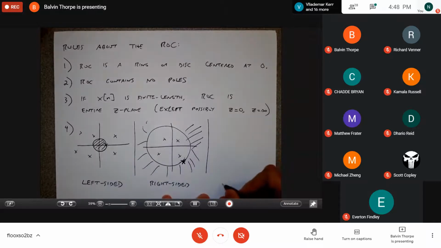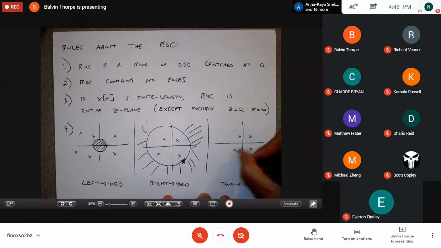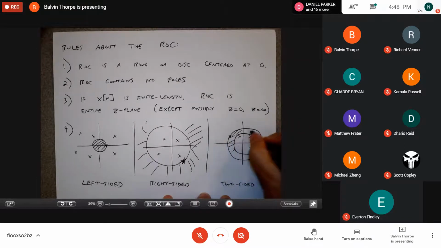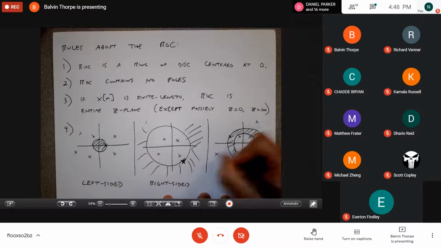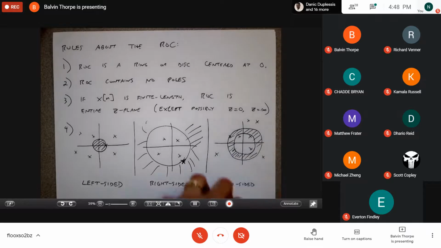And if I have a two-sided signal, then the ROC is generally going to look like some sort of a donut that is defined by the ring between two poles. So I could have more poles out here, I could have more poles inside, but in general, it's bounded by the poles.